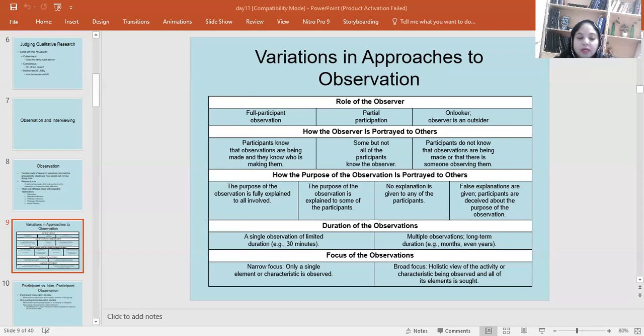So what is the difference in the behavior of both types of groups of people? And the third one is किसी को भी नहीं बताया और फिर उनके बिहेवियर को चेक किया. और फोर्थ एक ऐसा आपने सेटिंग बनाई जिसमें आपने एक ग्रुप को बताया, मतलब जो उस ग्रुप को फॉल्स एक्सप्लेनेशन.